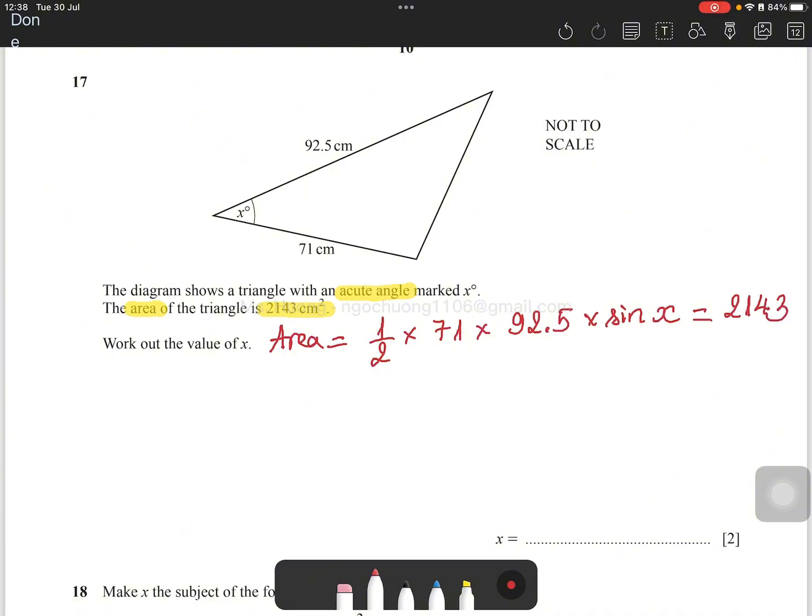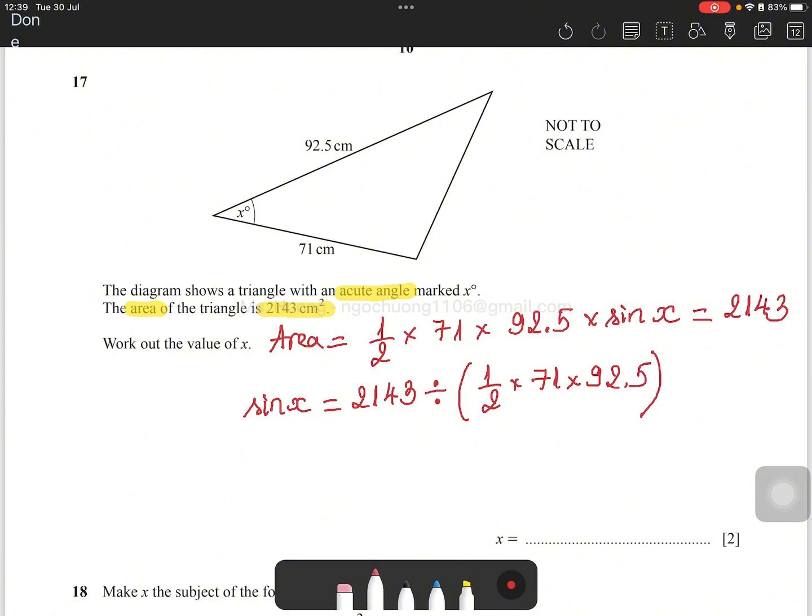So to find sin x, we divide both sides by the whole thing, 1/2, 71, 92.5.